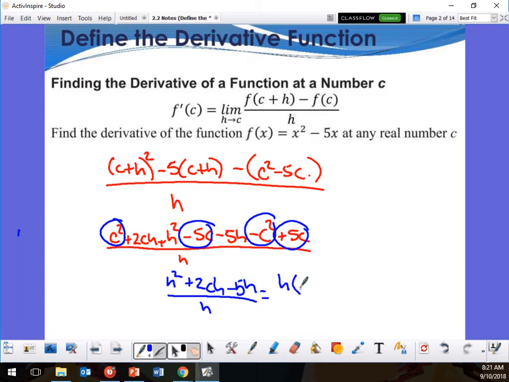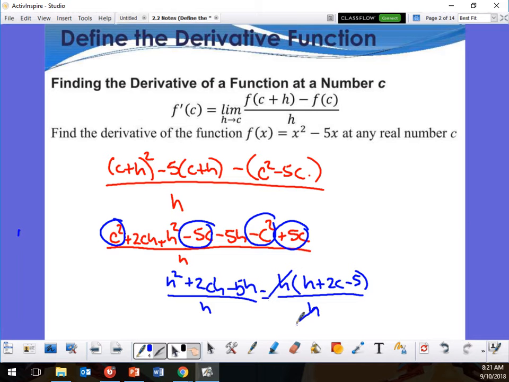After I take that out, I'm going to have h plus 2c minus 5, all over h. And when I cancel out that h, those go away, right?